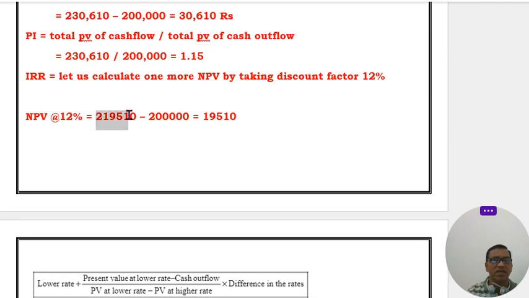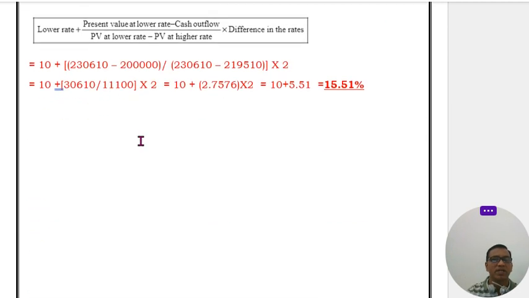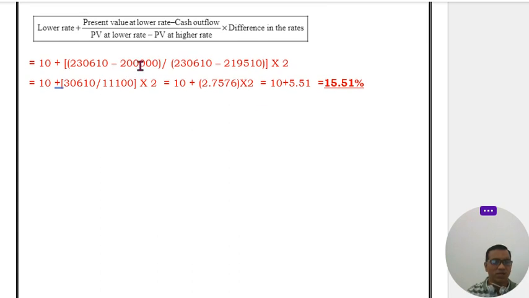This is the PV at higher rate, 219,510. So the numerator is 30,610 and the denominator is 11,100. Now do the division, then the multiplication, and then the last plus 5.51. The total IRR, internal rate of return of the project, is 15.51%.